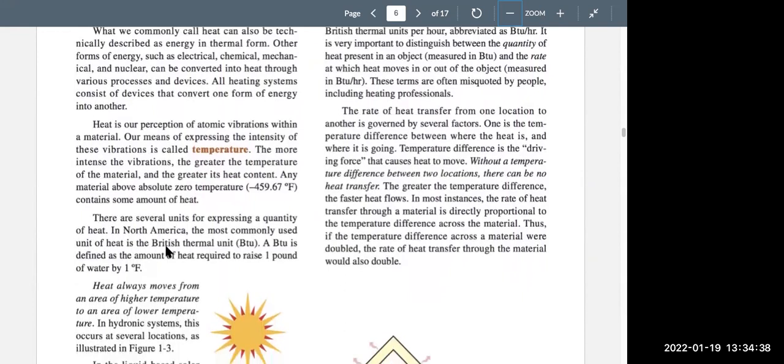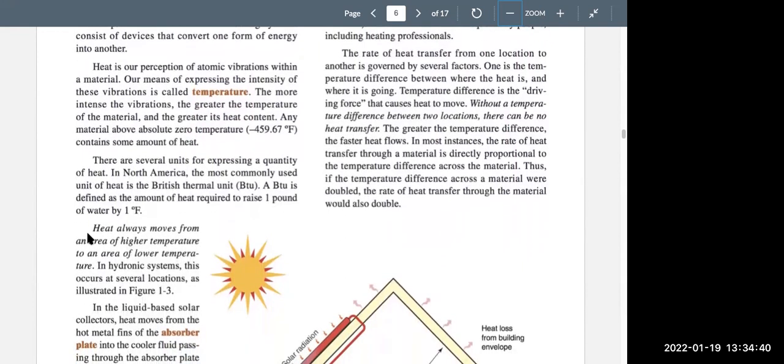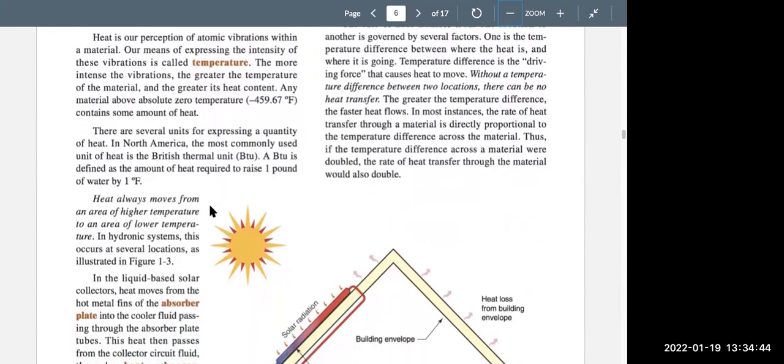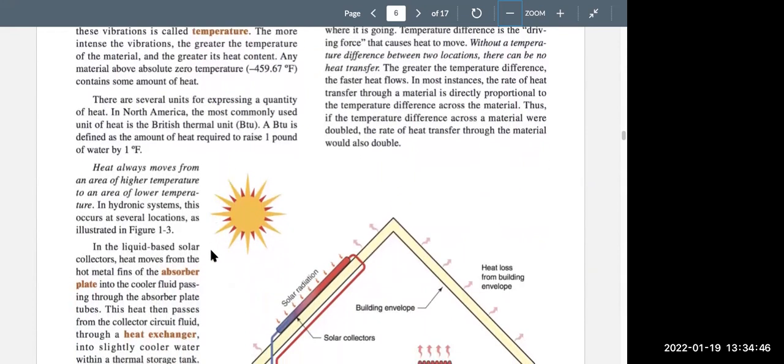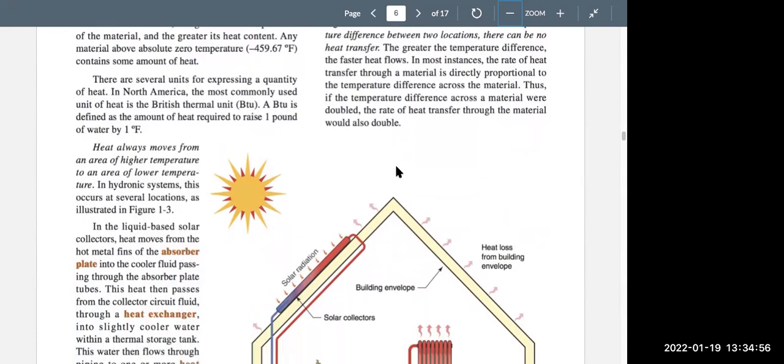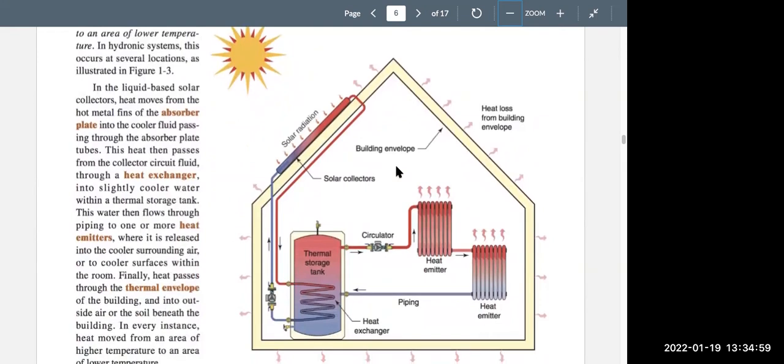So we're going to move on down to this first law, this first common law. And I want you to think about it. Heat always moves from an area of higher temperature to an area of lower temperature. So if we were to look at this example, this is a solar thermal tank system.